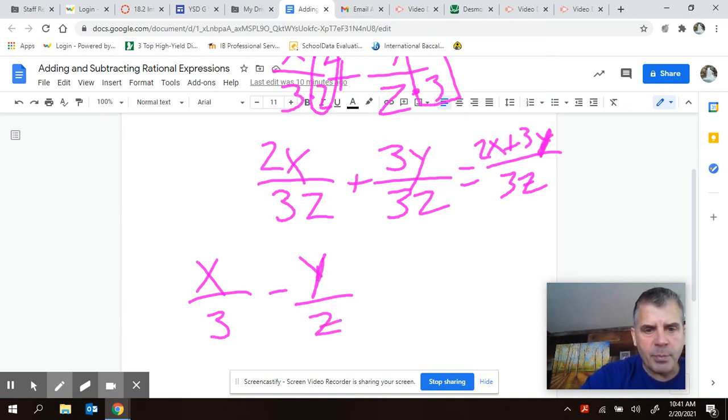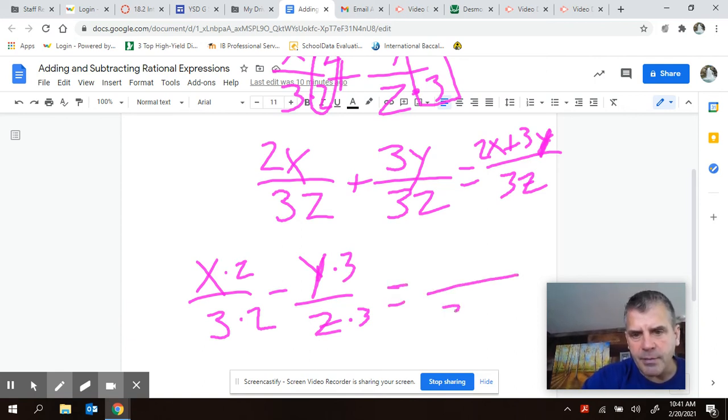Again, multiply top and bottom here by z. Multiply top and bottom here by 3. What's the result? That common denominator is 3z. And I have 2x this time minus 3y.